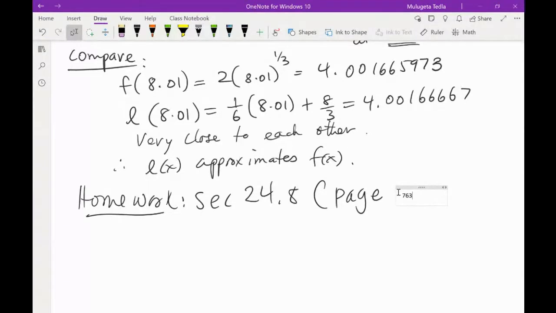I said from number 5 up to 17, odd numbers, and I need the linearization questions, 21 and 23. Do both of them, 21 and 23.